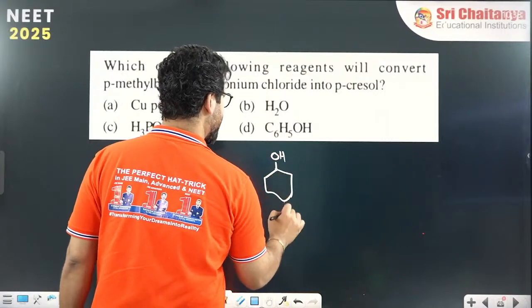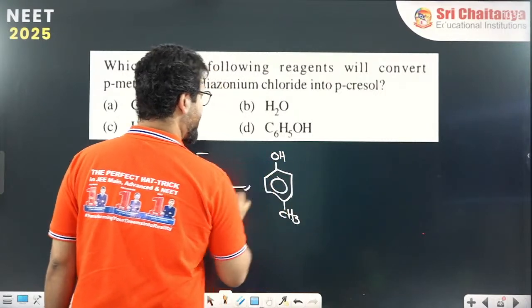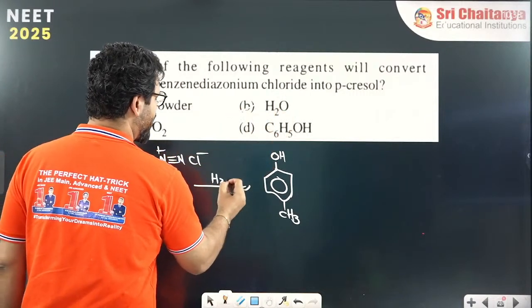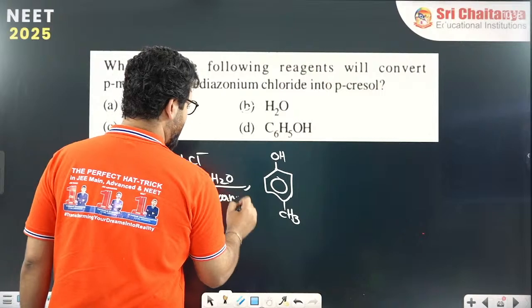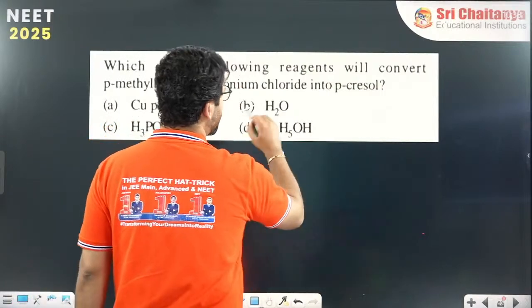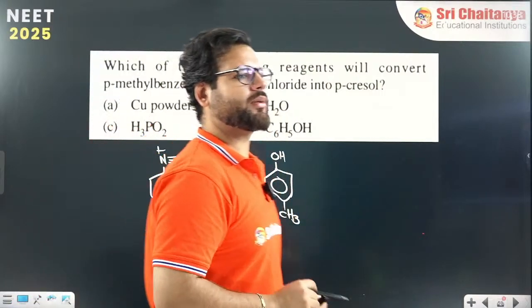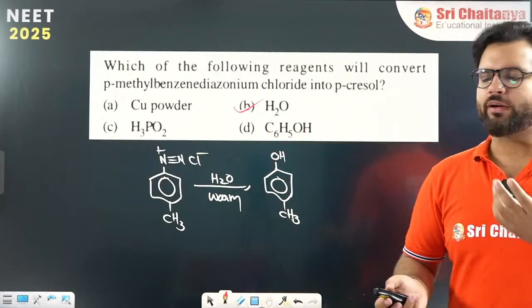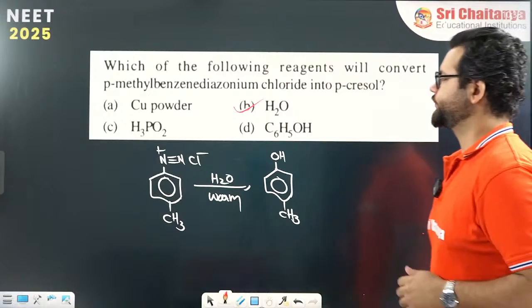This is paracresol. So I have to just do hydrolysis here, just water plus heat. Warm water will do nucleophilic substitution here. To convert your benzene diazonium salt to phenol, you just need to react it with warm water.